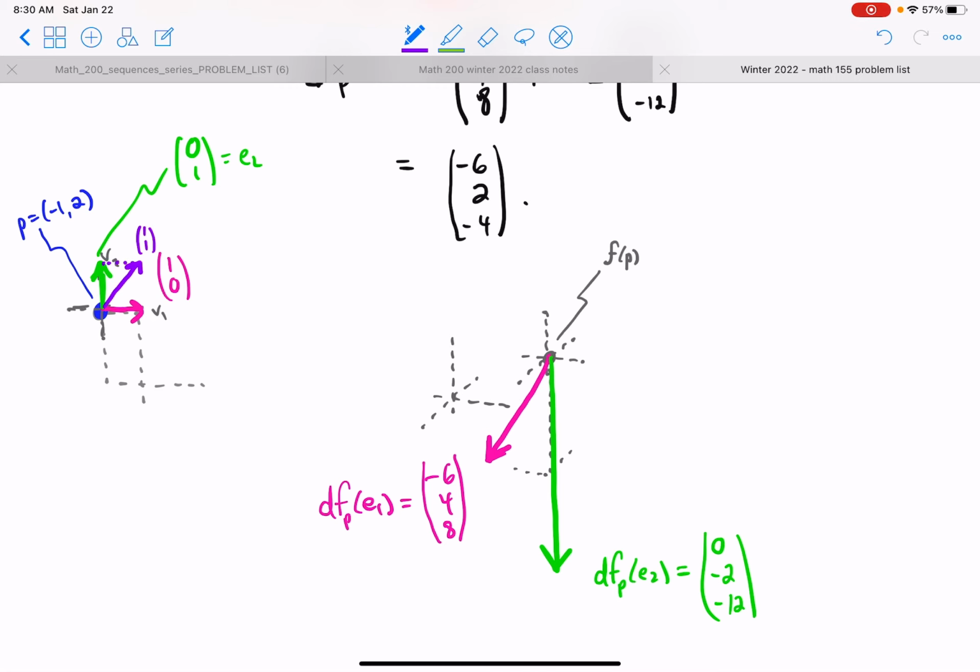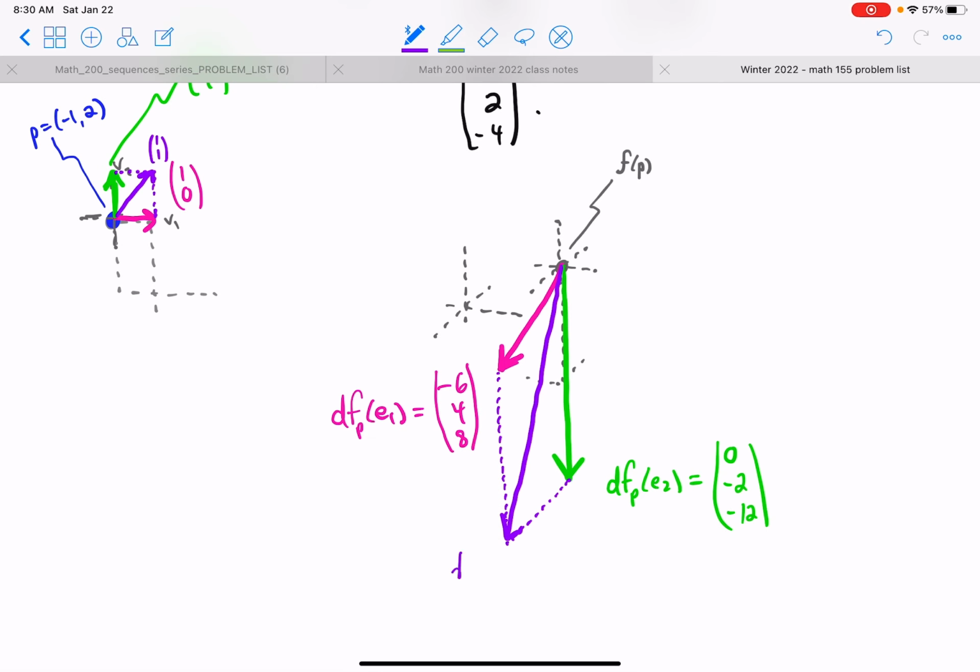So it's the tip of this little square here. Now, where does it go? Well, by linearity, it has to go to a linear combination of these two, which means it is the tip of this parallelogram. That is the vector DFP of V, where V equals 1, 1.